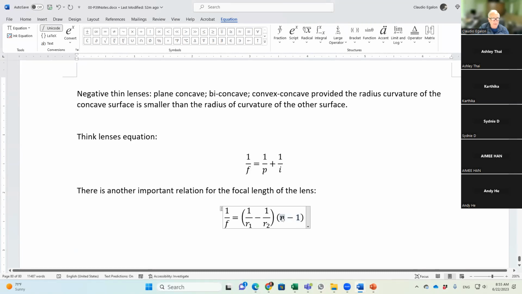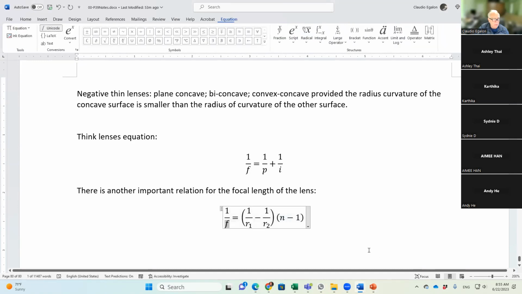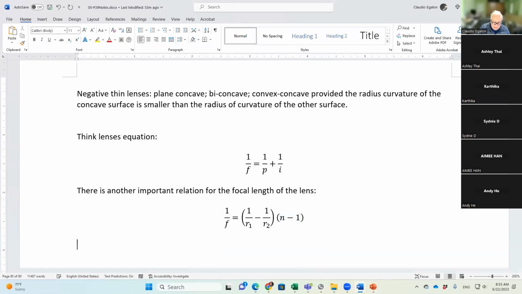The higher the refractive index, the greater this ratio, and the smaller the focal length is. So note that the focal length decreases with the refractive index.